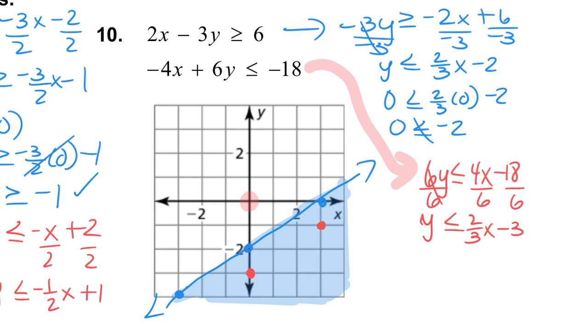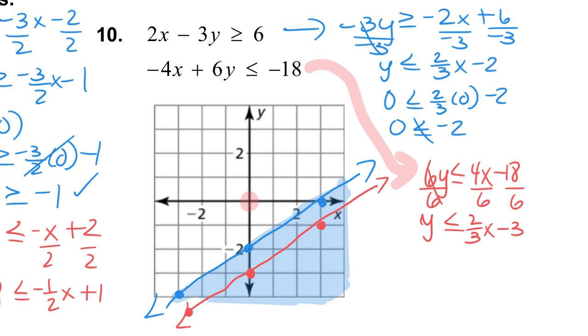And if I go backwards, I don't have space, but I already know the line is going to be down 2 and over 3. It'll be similar to right over here, and it's also going to be a solid line. Test your point again, which I'm going to use 0, 0.